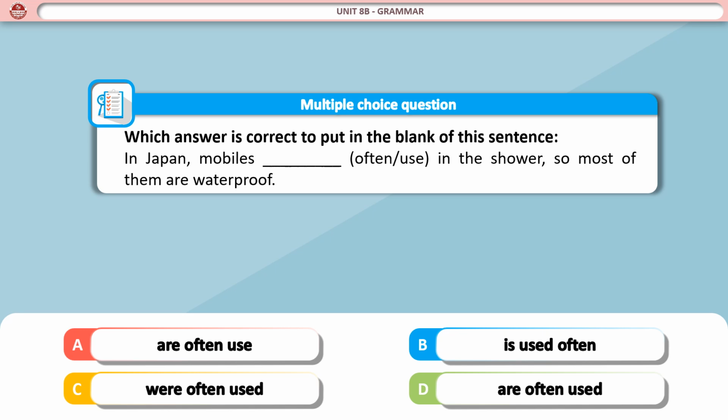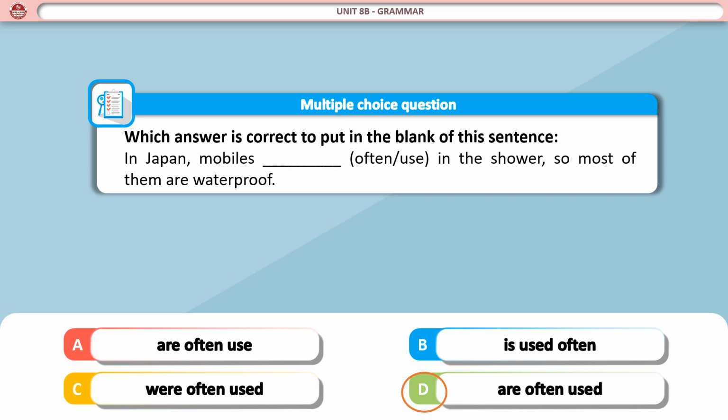And the final correct answer here would be answer D, are often used. So there are two reasons why the answer D is correct. So first of all, you see mobiles, and mobiles are a plural noun, right? So we cannot use the to be is for this sentence because it is not correct.